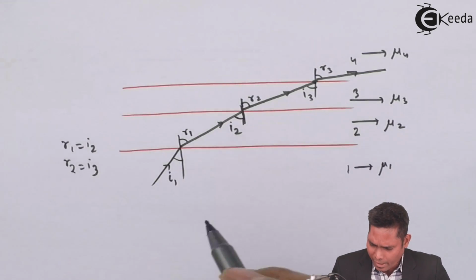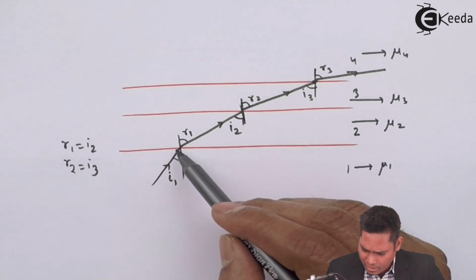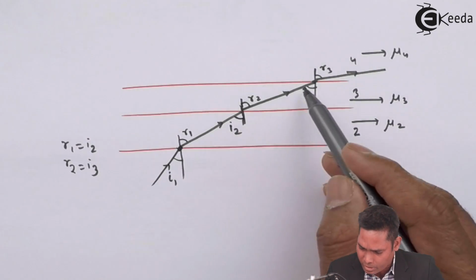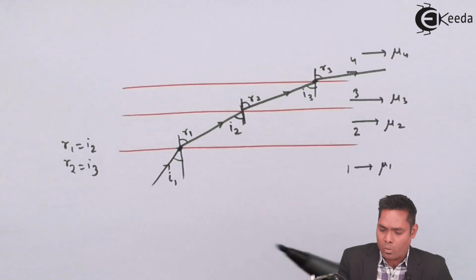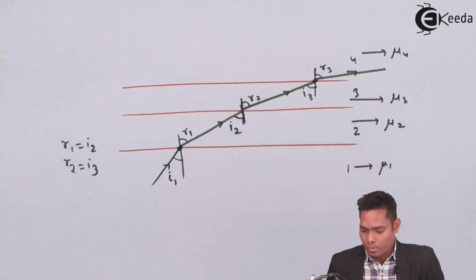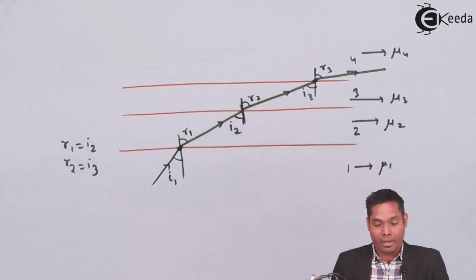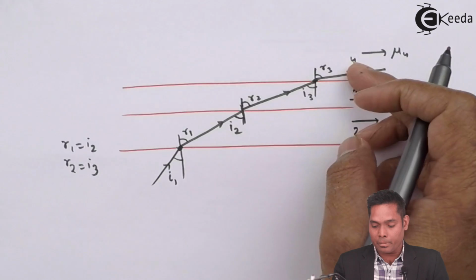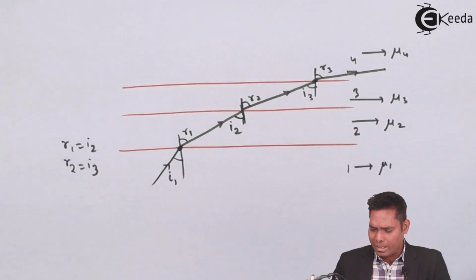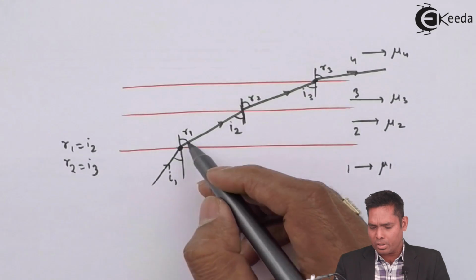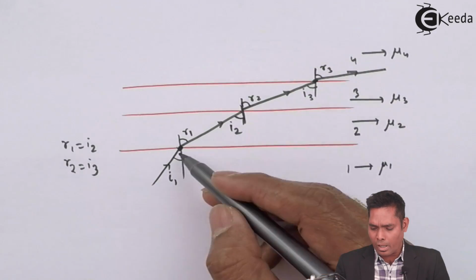So what we can write, if I want to relate this layer with any layer, how will I apply Snell's law and relate one pair of medium to another medium? So let us see, if I apply Snell's law at different points here, there are 3 points I will apply.